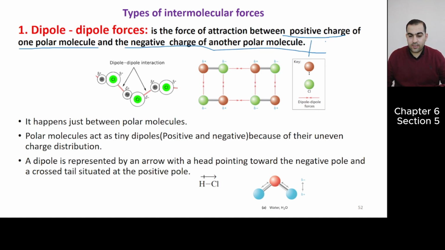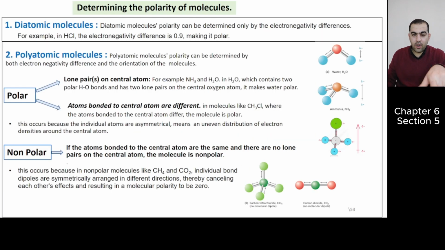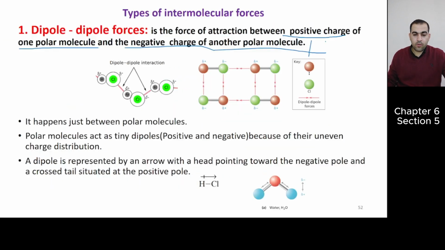On the next slide, I will talk about molecule types, which one is polar and which one is non-polar. Polar means having dipoles. What does dipole mean, guys? HCl, do you see HCl here? Cl is partially negative. Hydrogen is partially positive. Why?